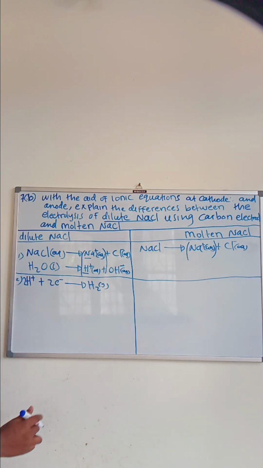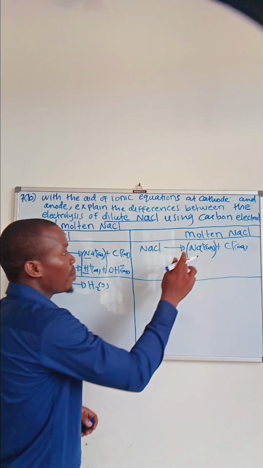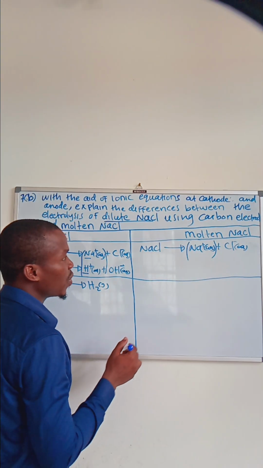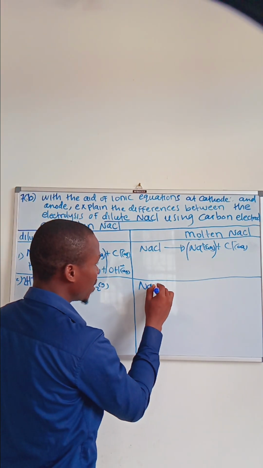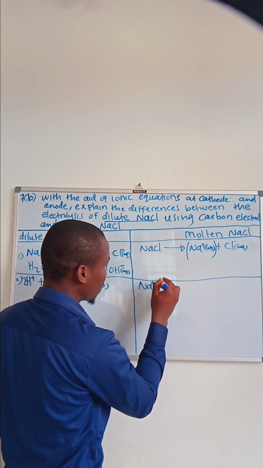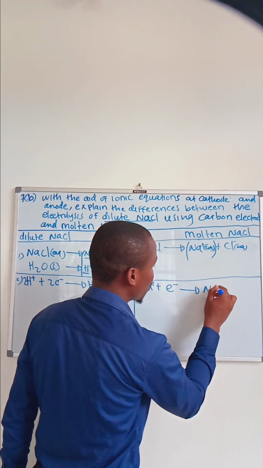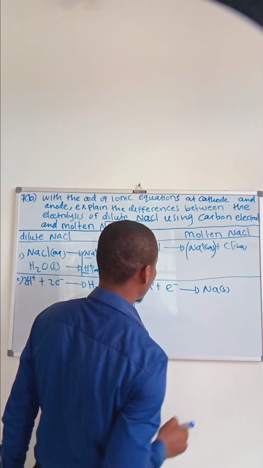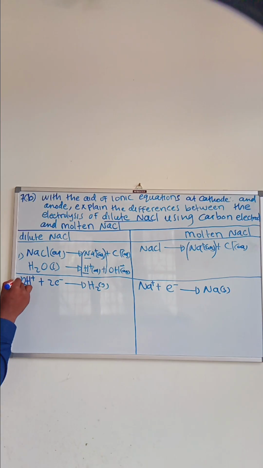This is the reaction at the cathode for dilute sodium chloride. But for molten sodium chloride, we have only sodium, so sodium will be discharged at the cathode to produce solid sodium metal. That is difference number two.